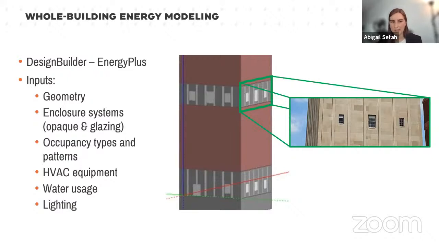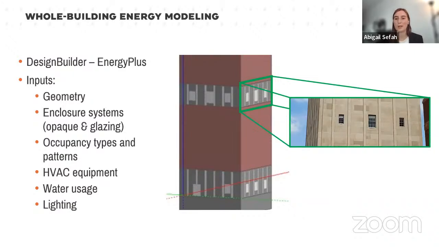In Design Builder, you enter inputs like the geometry, which I've talked about, the enclosure systems, the opaque and glazing systems. You also have to enter occupancy types and patterns. So for that, we worked with the client to determine when this building was occupied and by how many people. And we also modeled HVAC equipment, which was another interesting scavenger hunt, trying to figure out how this building's HVAC was designed.